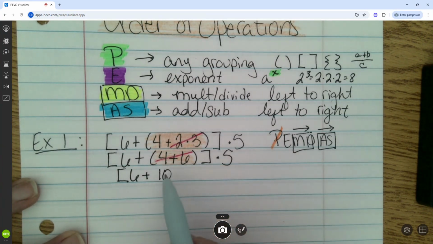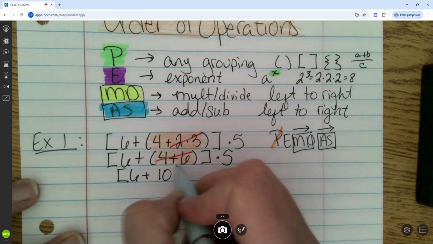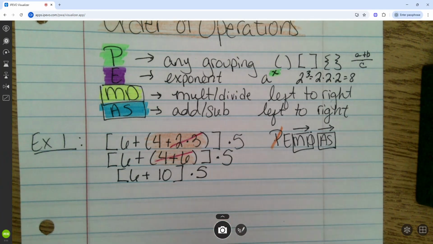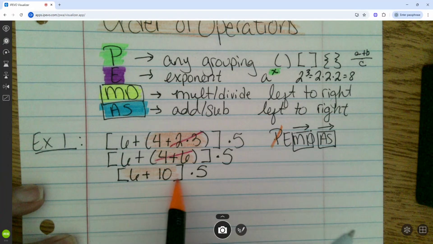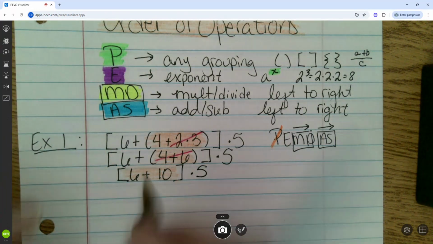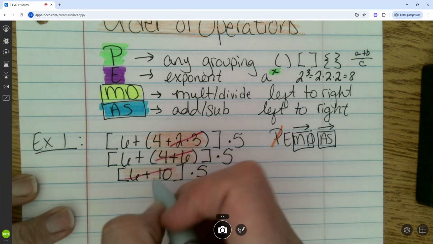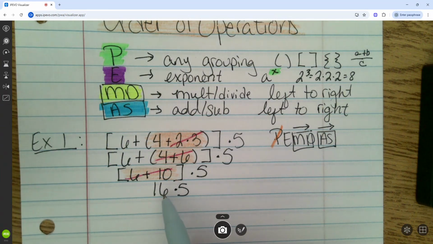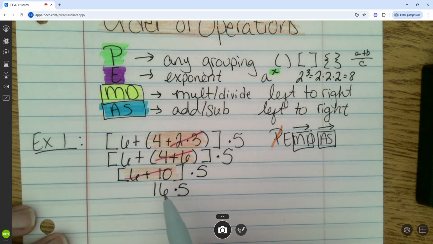Now when I'm down to one number inside the grouping symbols, I can drop the parentheses. I still have grouping symbols, the brackets, so I will take care of that step next. And I get 16. I may drop the brackets now that I only have one number inside.